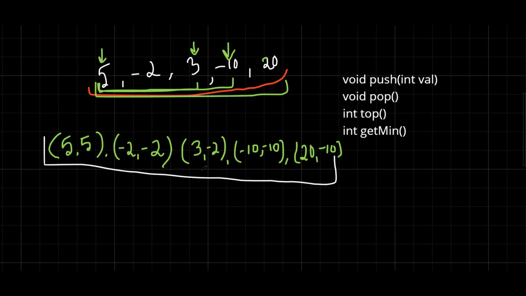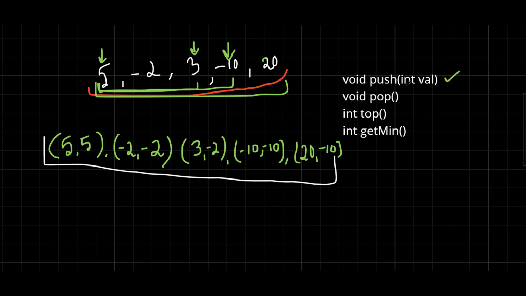Now, we have constructed the vector. In this vector, we will try to perform these four operations. The push operation is very simple.